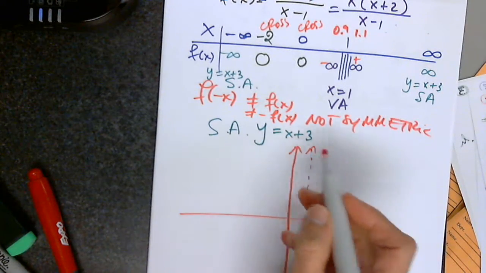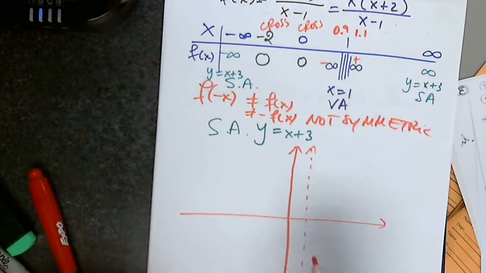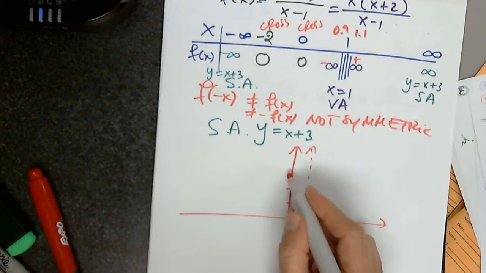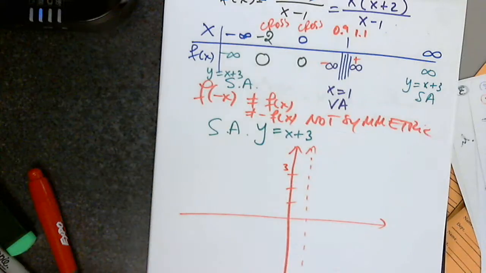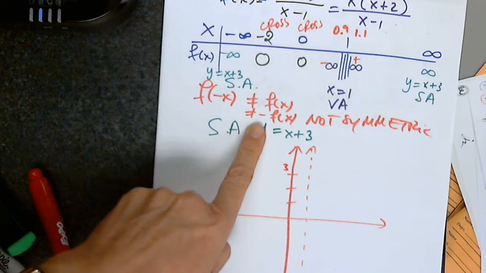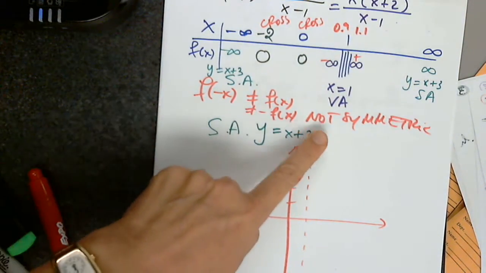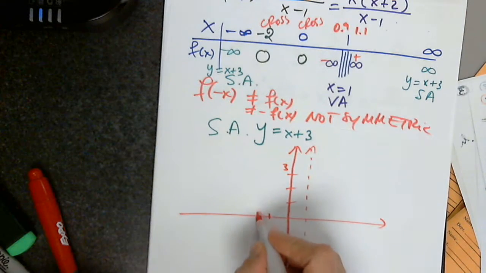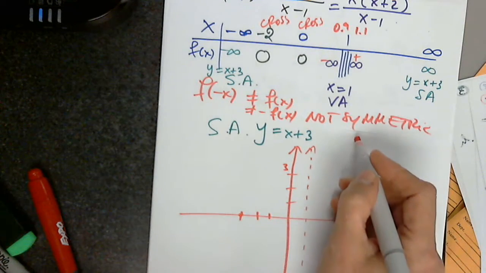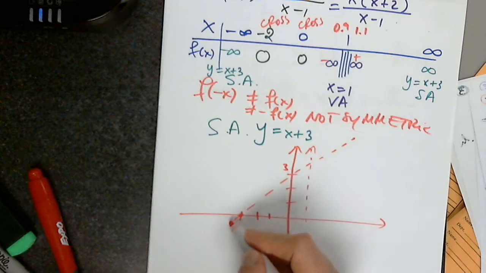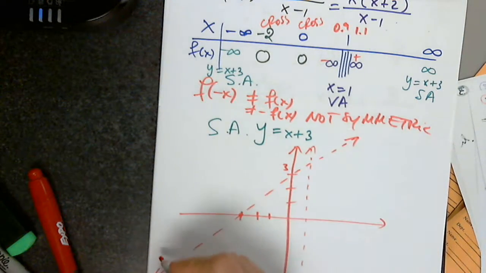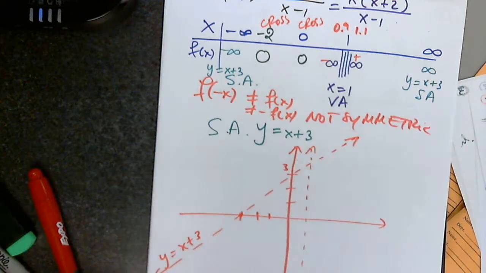And then I have to graph y equals x plus 3. When x is 0, y is 3. When y is 0, x is? Exactly. So I have to graph this. Then I have to write y equals x plus 3 somewhere.